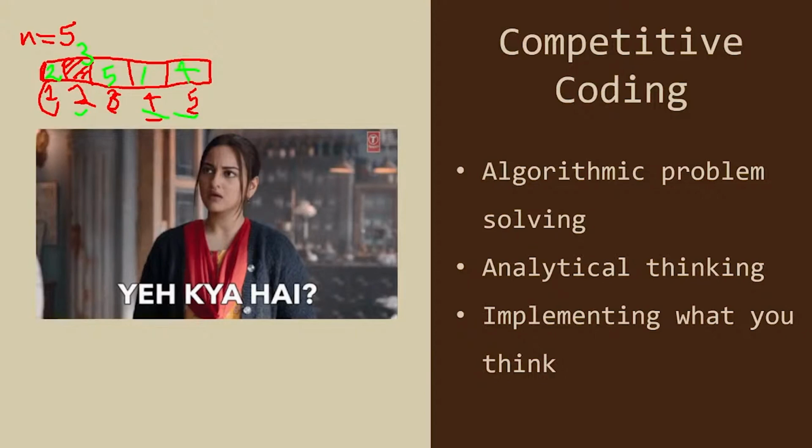So your task is to generate an array such that the value at a particular index is not equal to the index itself. So give it a thought, think for a minute and come up with a solution. You can either unmute yourself and say your approach, or you can just write it in the chat box.